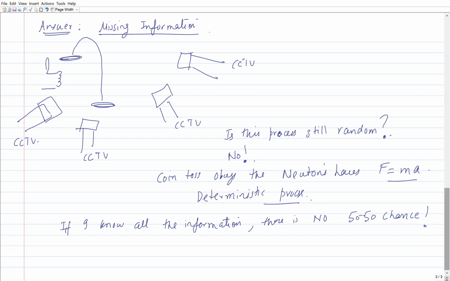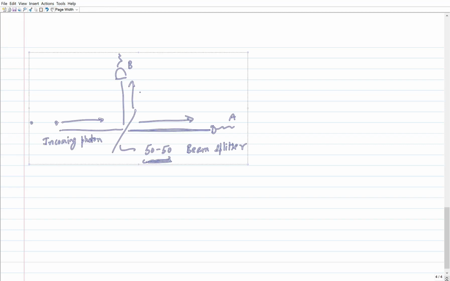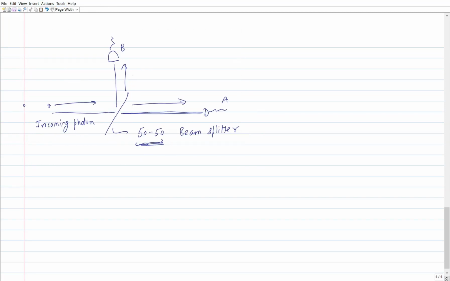Now let's compare the same thing to the setup of our beam splitter. So again, there is my beam splitter and my incoming photon. Now I may ask the same question here.